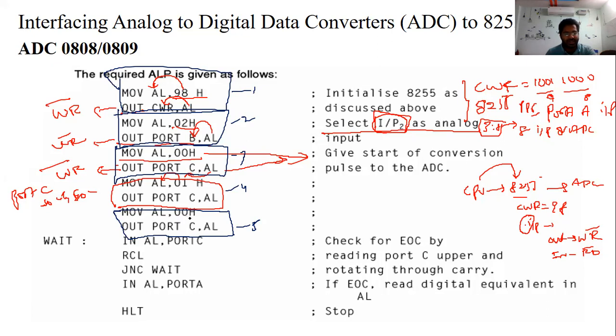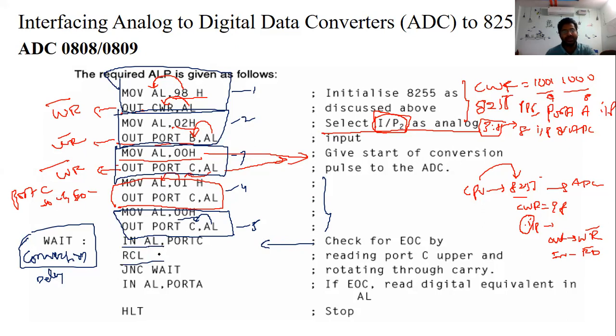So 00H can be moved to the port, and it checks this process. Once the wait period, the conversion delay, is over, you can send an input signal to the port. But see, this is the direction: the ADC sends a signal to the 8255 PPI, so you take it as input.